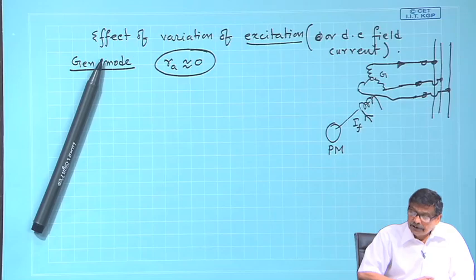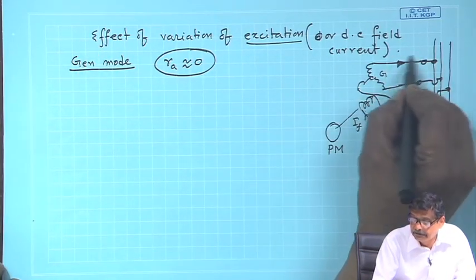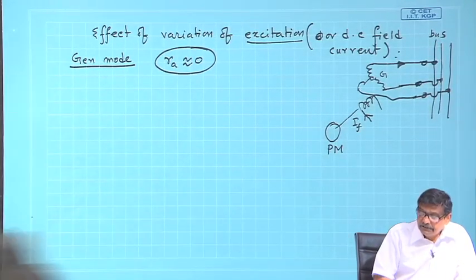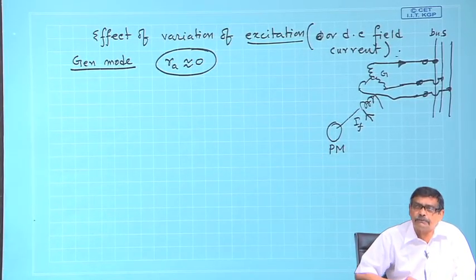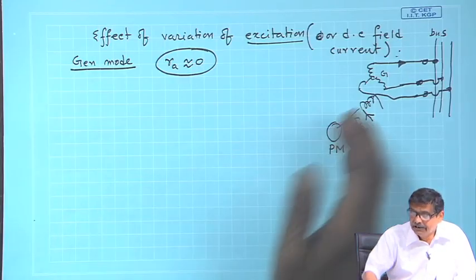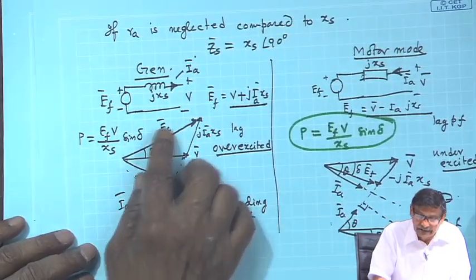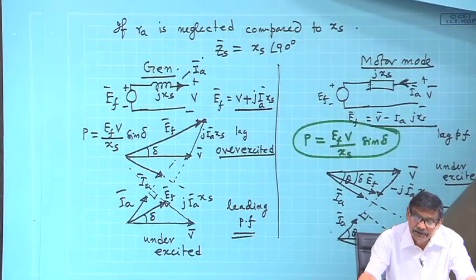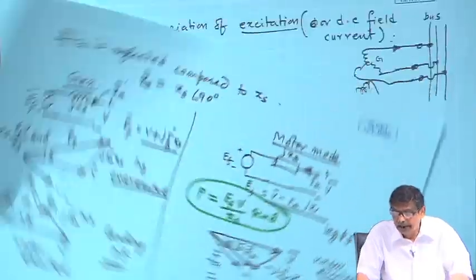If you want to operate it as a generator, meaning that it will feed power or current into the bus, you have to increase the steam input, if it is a steam turbine. Okay. Then real power will flow, and the rotor will become advanced with respect to the resultant field. In steady state, everything will be rotating.